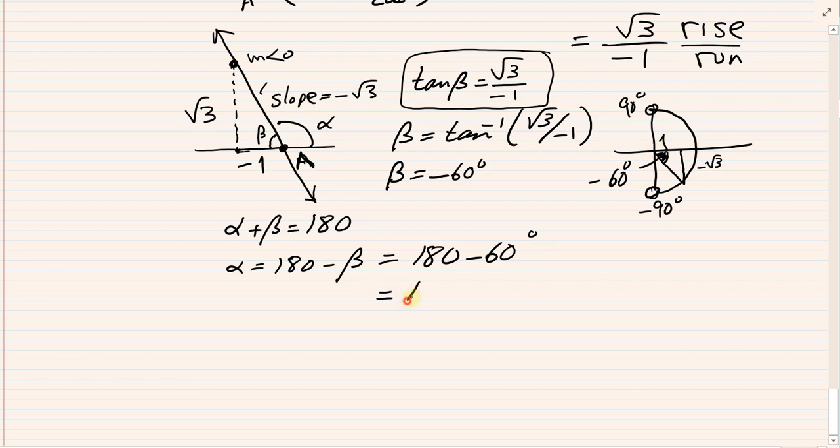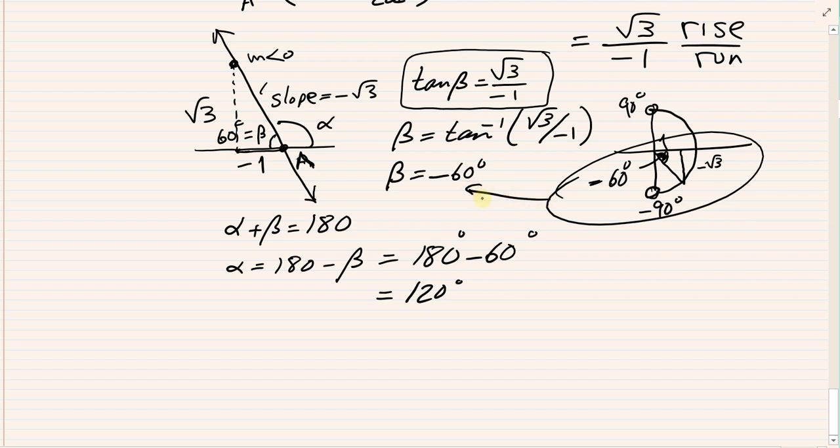So it's going to be 120 degrees here, right? I'm looking at beta here being 60 degrees. The negative 60 is for this triangle, because if you do it on the calculator, it's going to give you negative 60 degrees. So we need to adjust for the geometry of this exercise.